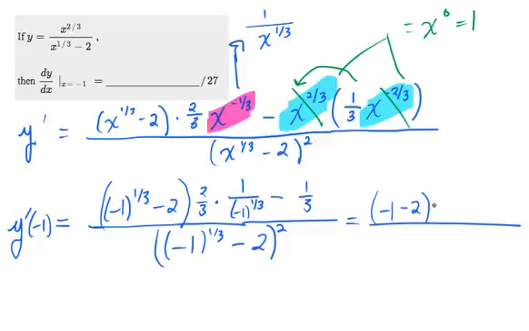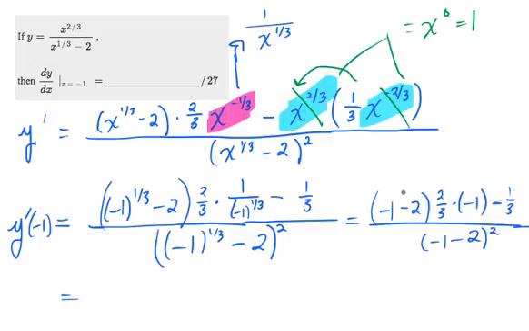So we have negative 1 minus 2 times 2/3 times, this is negative 1. 1 divided by negative 1 is negative 1, so times negative 1. Minus 1/3, then negative 1 to the 1/3 is negative 1, minus 2, all squared.